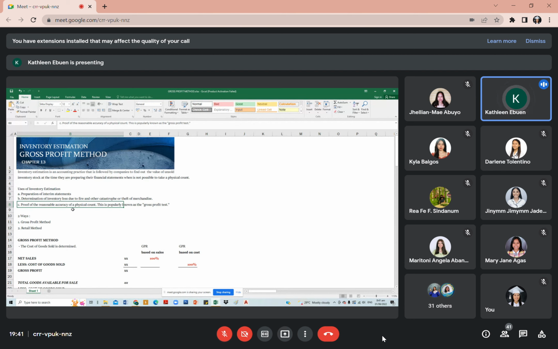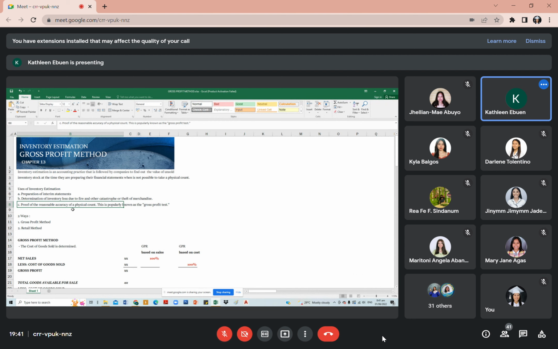Kapag kasi medyo malayo yung estimate natin at saka dun sa actual count ng inventory, nagre-raise ito ng red flag na maaaring meron tayong inventory shortage or meron tayong inventory overage, no? Therefore, we have to investigate, no? Bakit malayo yung estimate natin kesa dun sa actual count, no? Maaari kasing ninanakaw na ng employees natin, no? Hindi natin alam, ninanakaw na yung mga inventory natin.